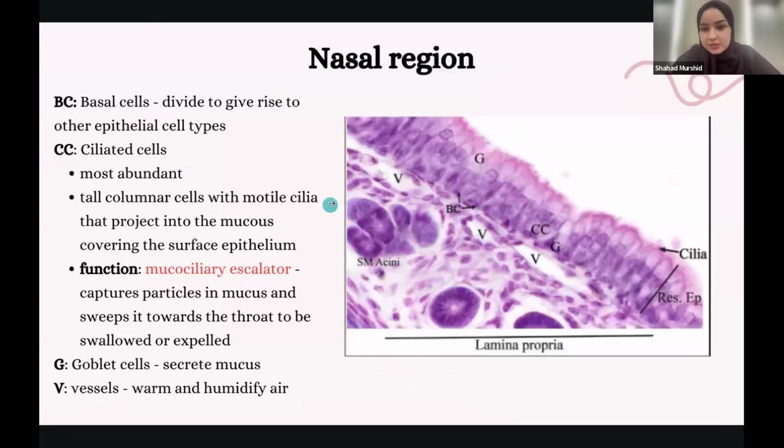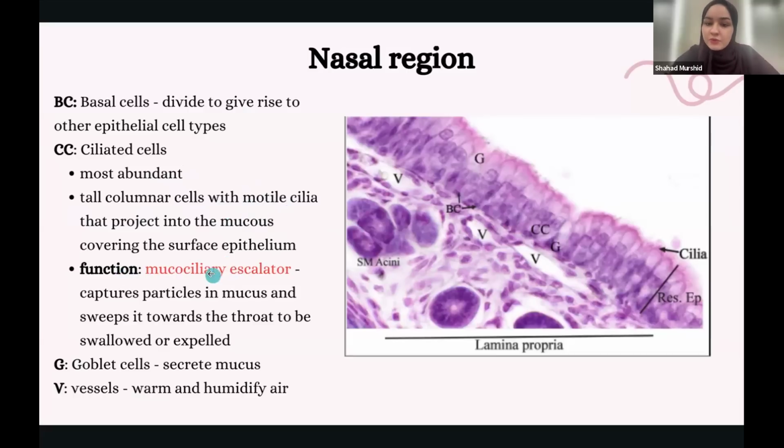And then you have ciliated cells, which are here. They're the most abundant, and they are tall columnar cells with motile cilia. Very important that it's motile because we're going to compare it to the other epithelium, which is not motile. The function is the mucociliary escalator.